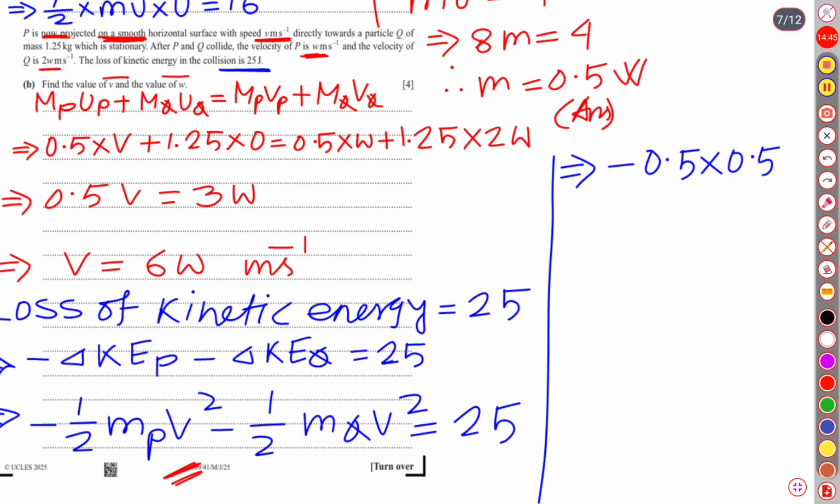Final velocity of particle p is given, look at this in the question: final velocity of particle p was w meter per second. So we will write final is W meter per second, and initial was what? Initial has been used.